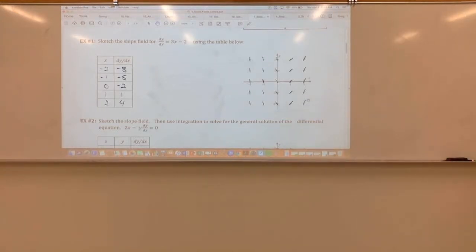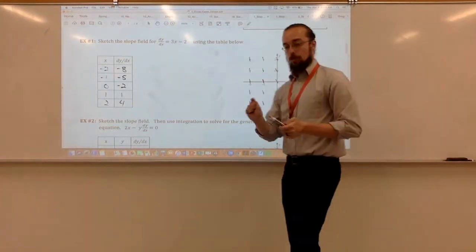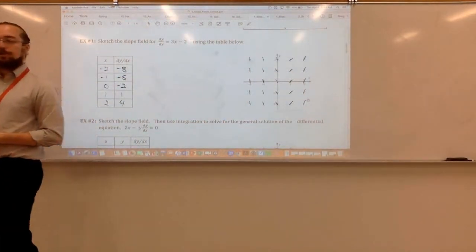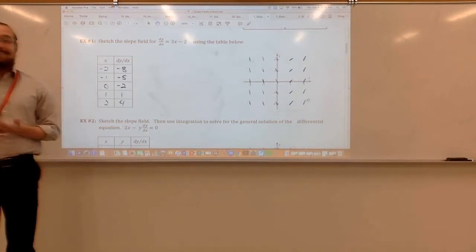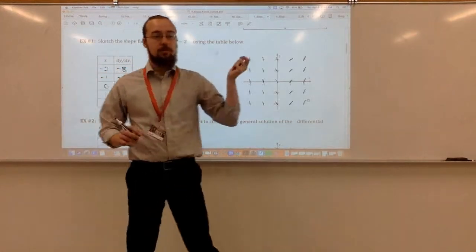Could these be curved lines or straight-ish lines? When we're sketching these little line segments, we're just making them straight. We're saying this is the slope at that point, so we're just making a little straight line there. So what we've just done is sketched a whole bunch of antiderivatives for this.